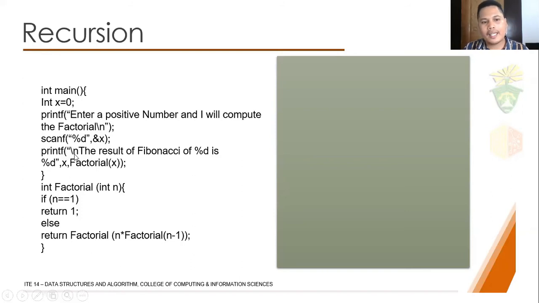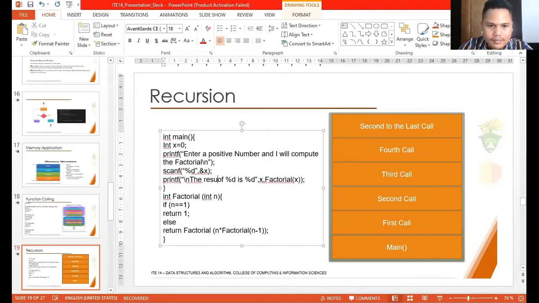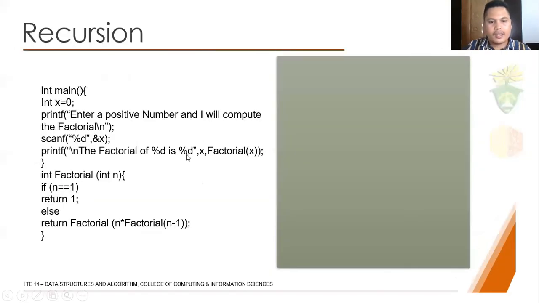Then giprint dayon na to the result of the factorial. So "the factorial of %d is %d", wherein ang value aning first %d will be taken sa imong variable nga x.